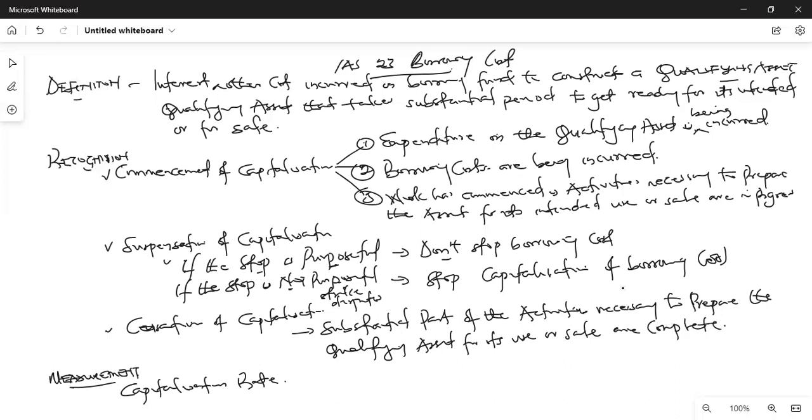So it is not when everything is complete, but when a substantial part of it is complete. You need to take note of that.